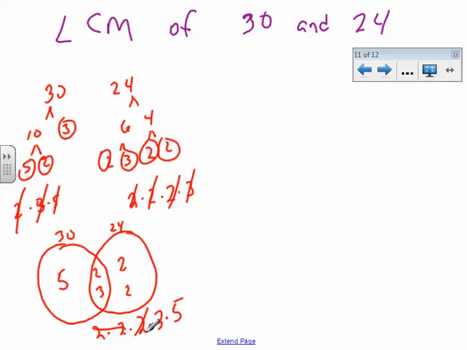Times 2 is 8. Times 3 is 24. And 24 times 5 is 120. It's the same LCM, isn't it? That's okay.